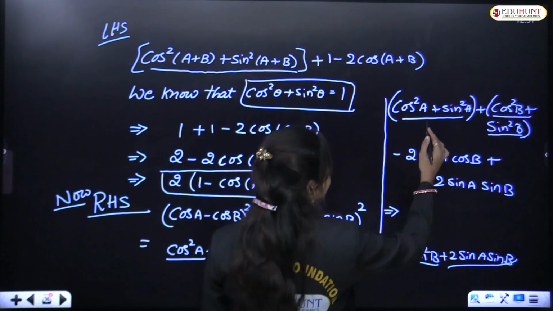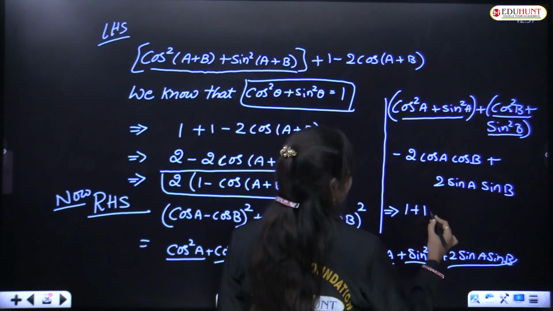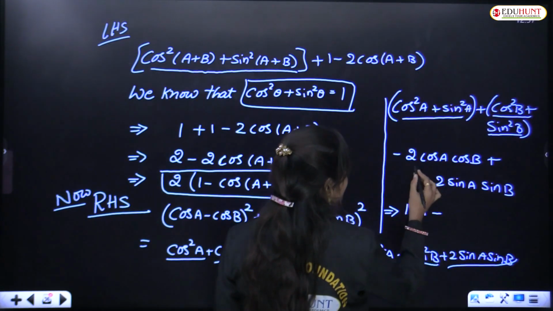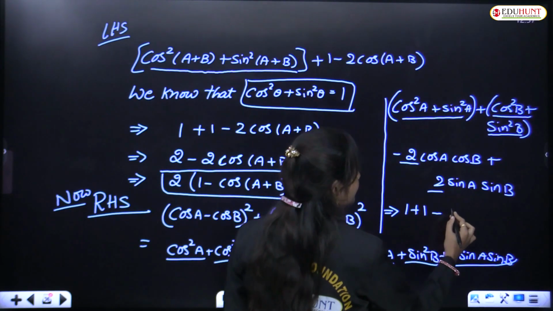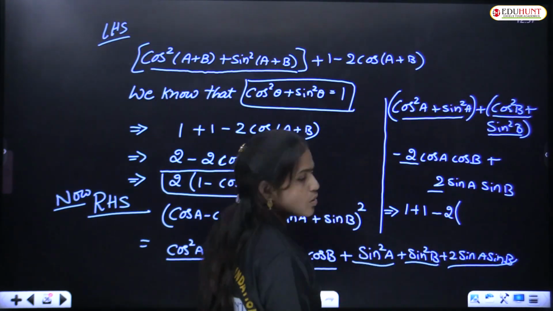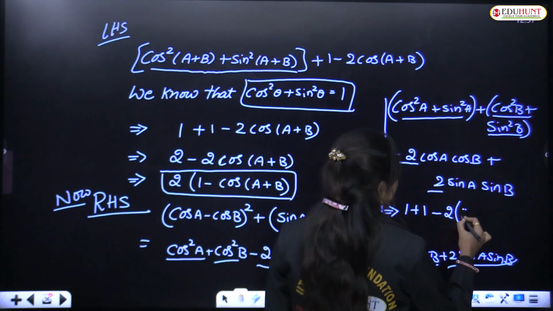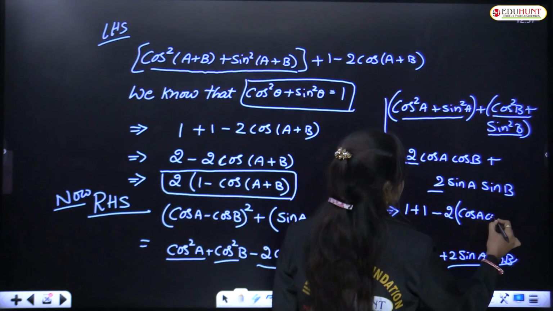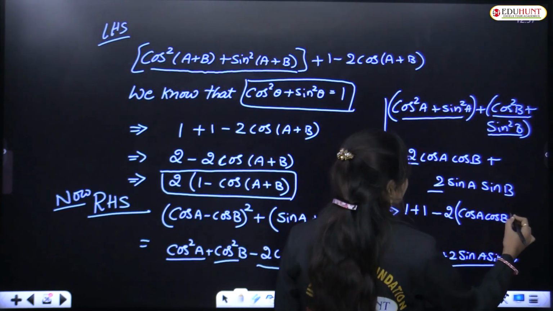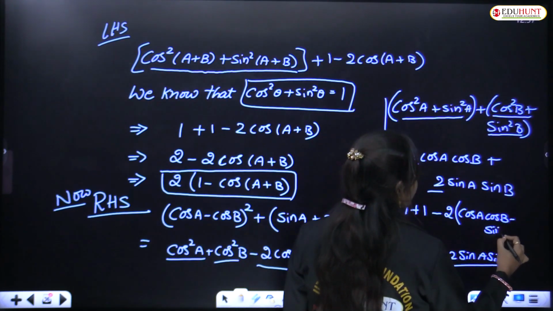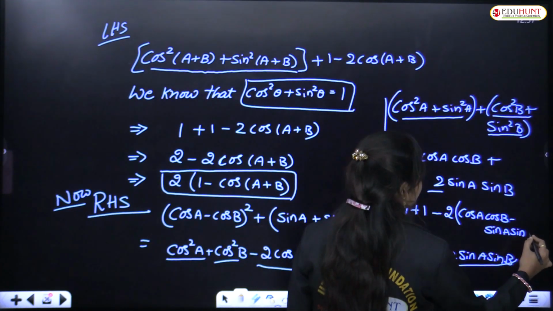So from this one we can write that 1 plus 1 minus, from these two terms also we can take that 2 as common, no? So take that minus 2 as common. Okay, so minus 2 of cos A cos B, and here plus becomes minus sin A sin B. Almost completed.